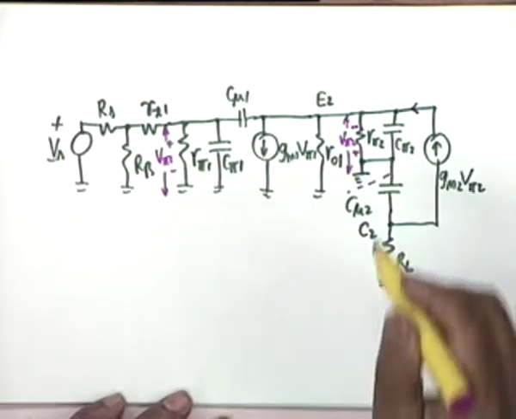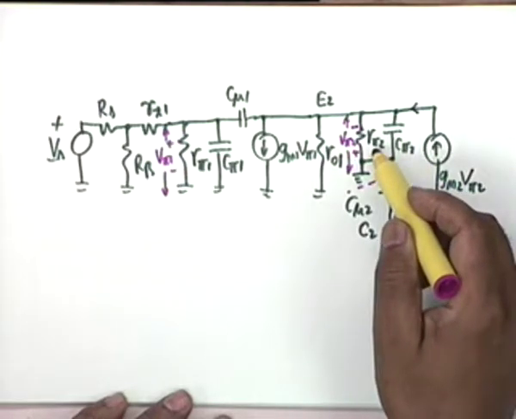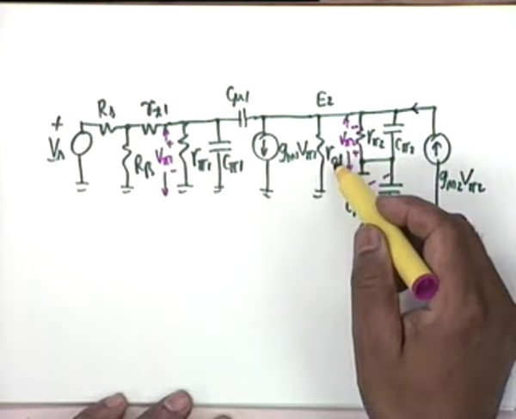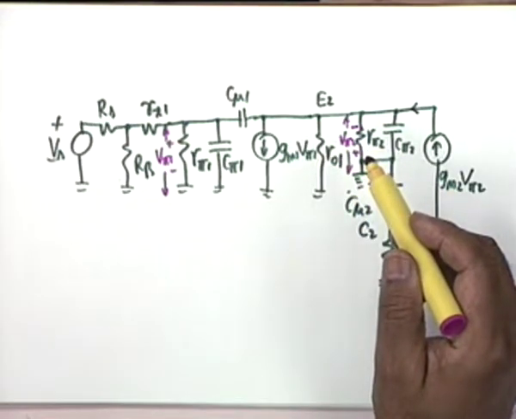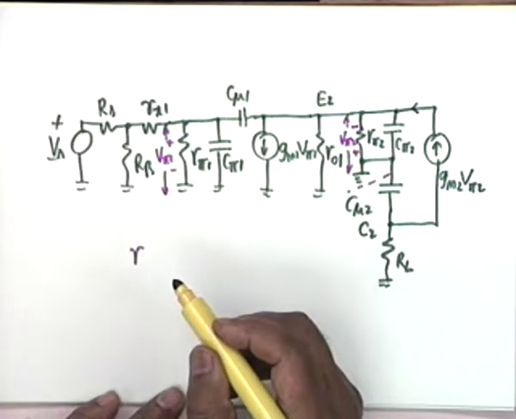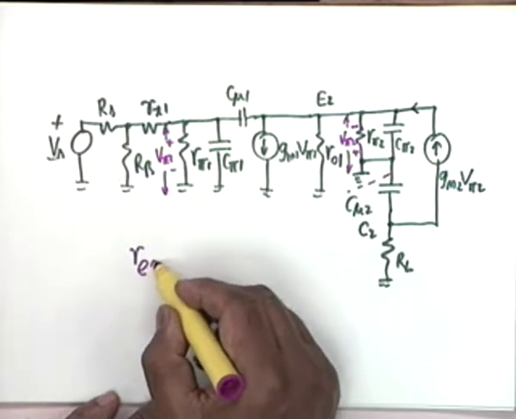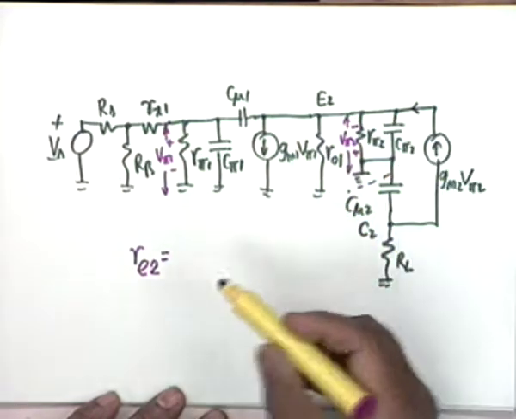And if I do that, then you see 1 by GM2, R pi 2 and R01 can be combined into a single resistance. Let us call this RE2, that is the effective resistance from emitter 2 to ground.